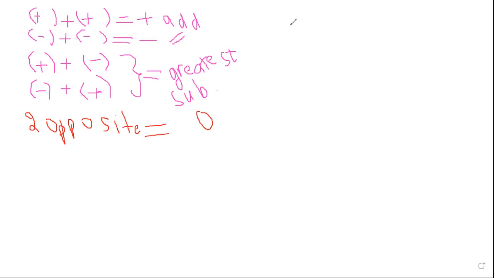Now, if we are talking about subtraction, so if we have a signed number minus another signed number, here we have steps to apply before we find our answer. The steps that we apply here are keep. Who still remembers the steps?